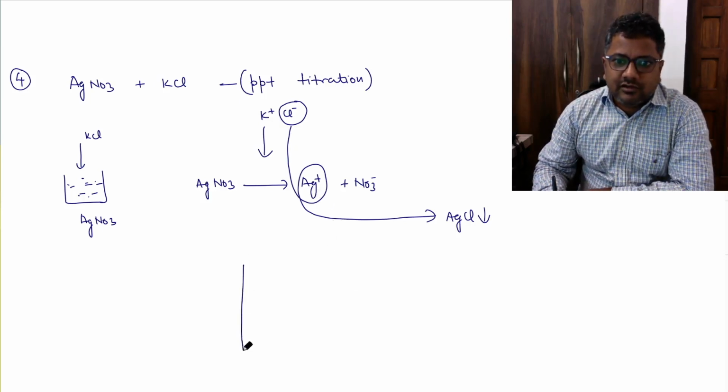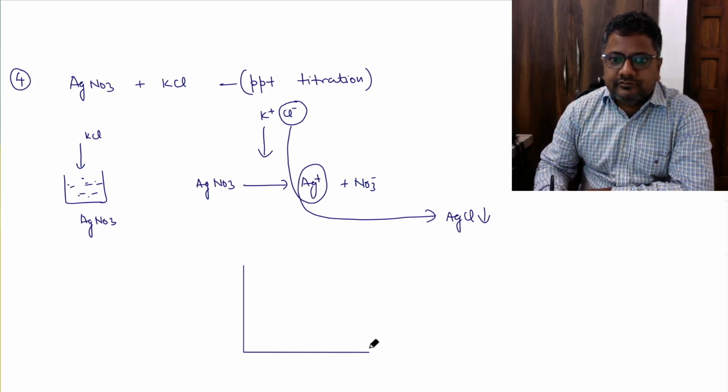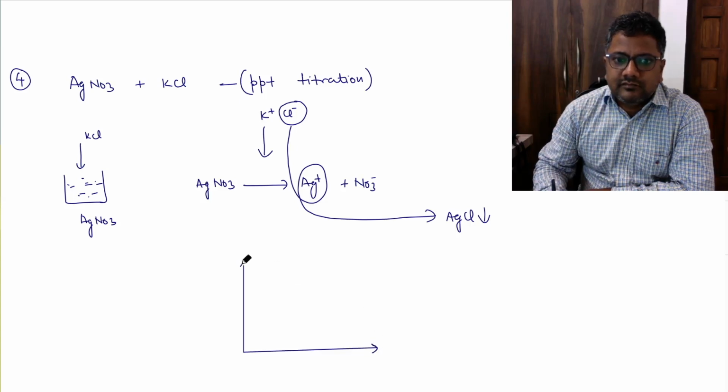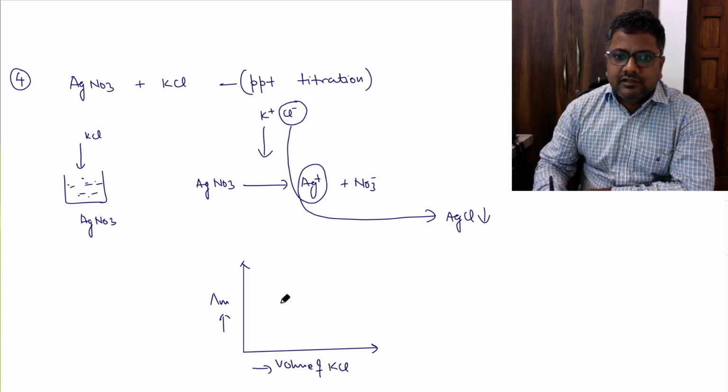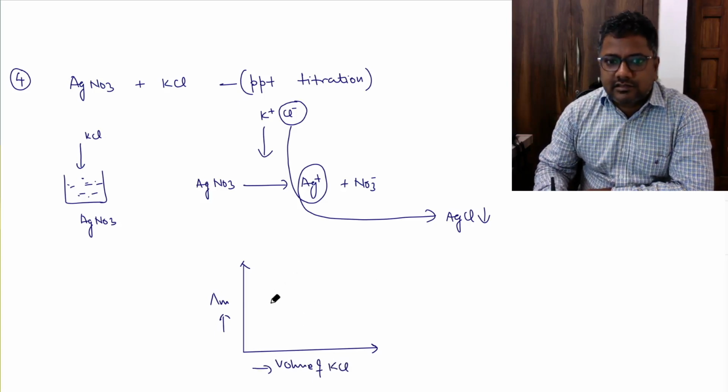So if you plot this graph, here molar conductance and here volume of KCl, you will get what?